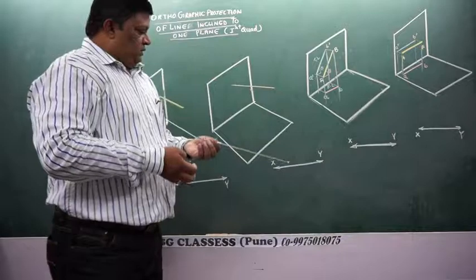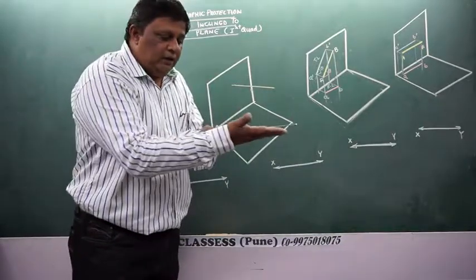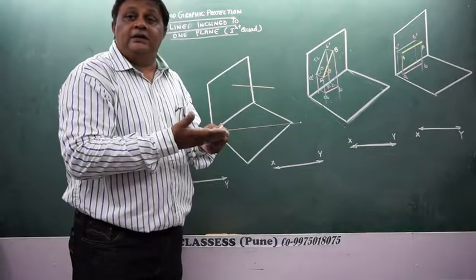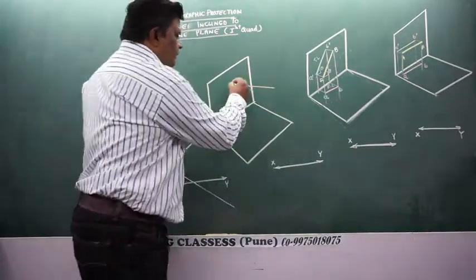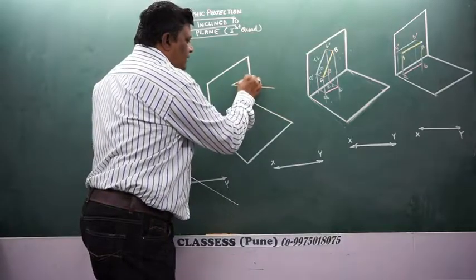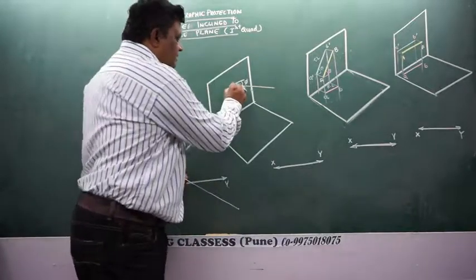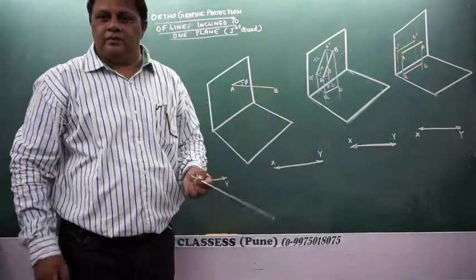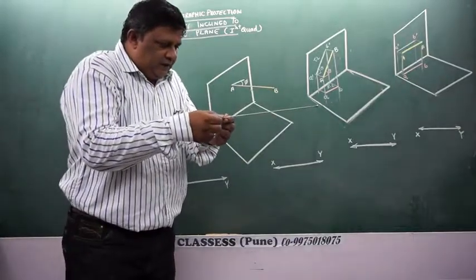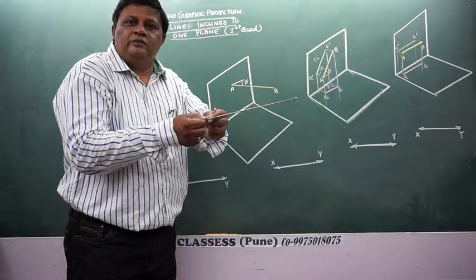Coming down to the third part, that is when the line is parallel to the HP but inclined to VP, and that inclination is now represented by angle phi. The line is AB. Now just look at it. If I keep on inclining this way, what is happening in the front view?